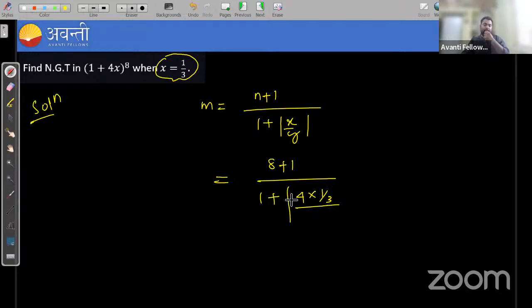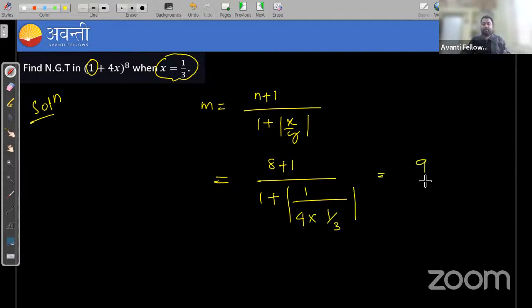Sorry, what is x here? x is 1, sorry, 1 upon y. 1 upon y is 4x. So 4 into x, x is given as 1 by 3.